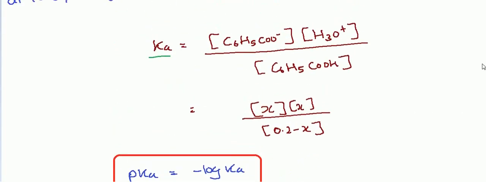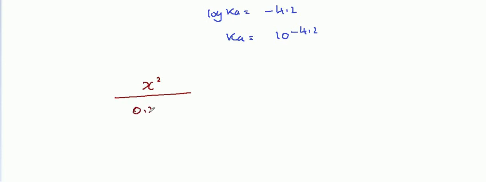Now, let us plug this value back in this expression. So, I have x times x, which is x squared, upon 0.2 minus x is equal to 10 to the power of minus 4.2. So what you notice here is that it is 10 to the power of minus 4.2, and we can do a small approximation here because this is a very small number.